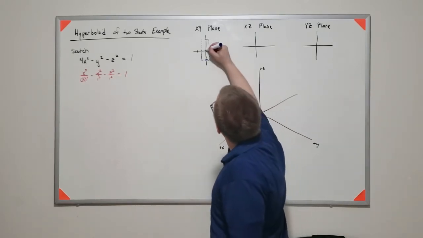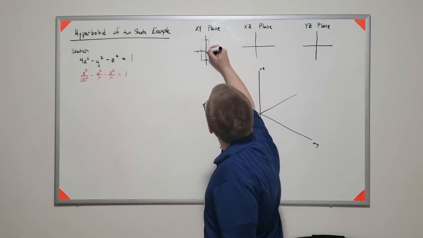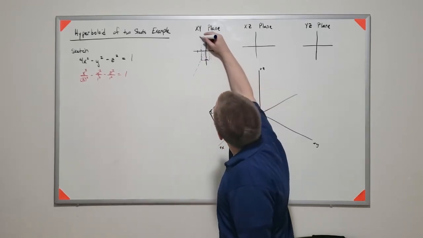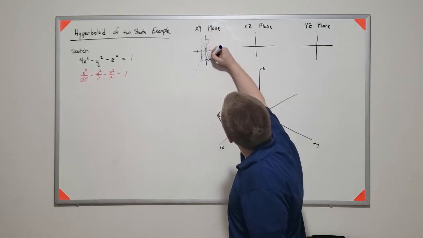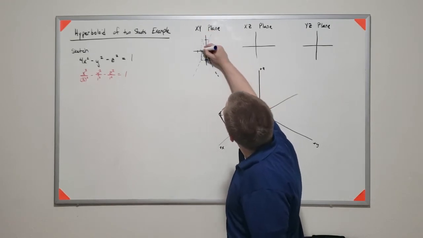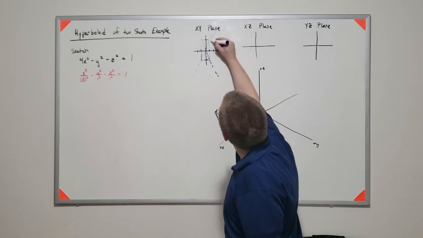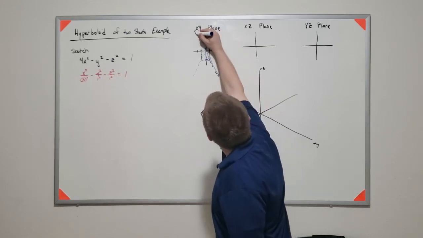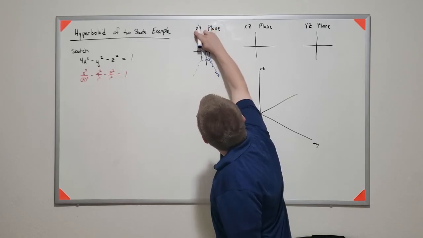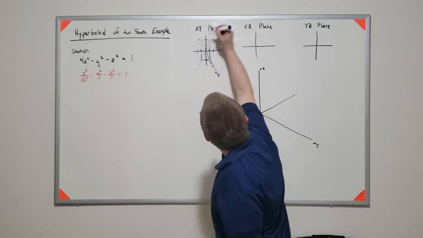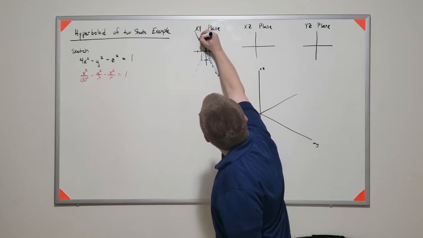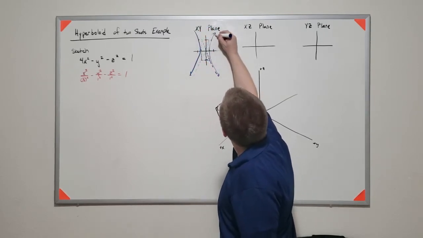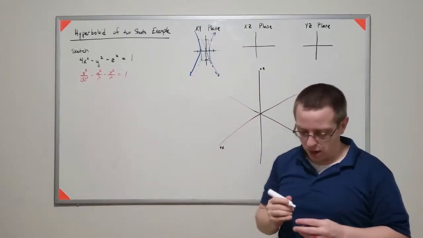So we draw our asymptotes through the box. We have our strike points. So we have our xy hyperbola.